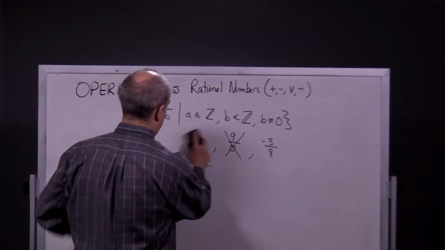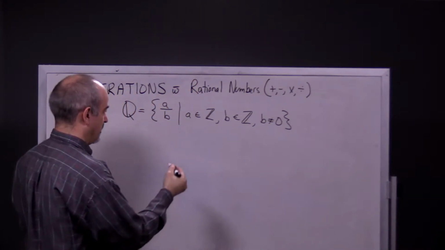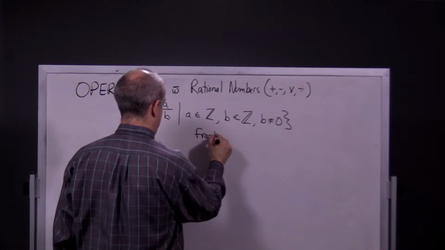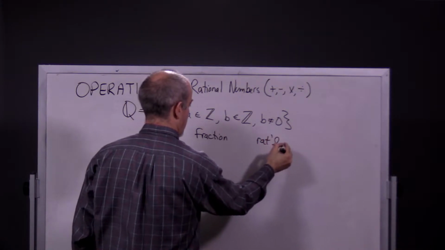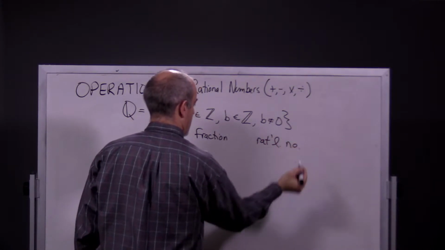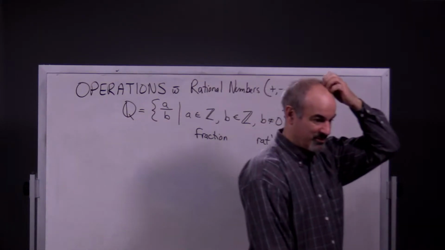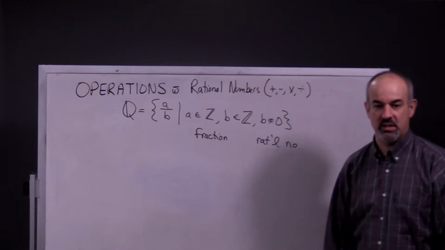Now the difference between a rational number and a fraction. So let's see. I'll write fraction here. Rational number, I'll abbreviate it like this. The reason I'm pointing out this distinction is because sometimes I'll actually say fraction.